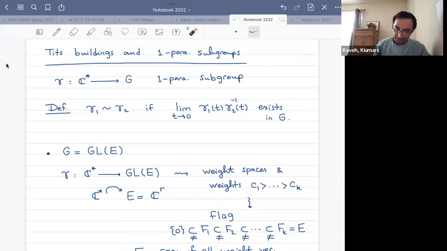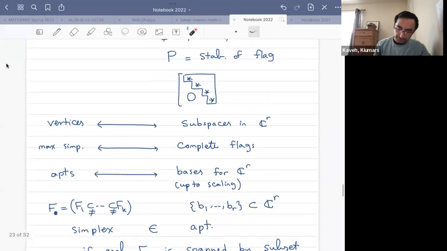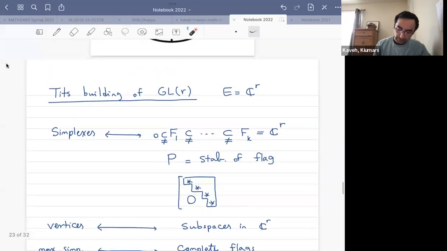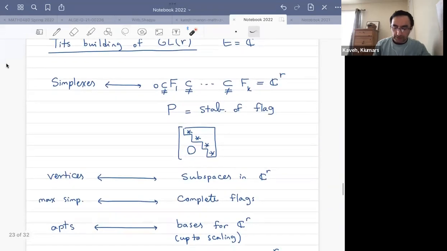On buildings, you look at 1 parameter subgroups of the group G, which just means algebraic homomorphisms from C star to G. If you think about it in terms of GLR, each homomorphism from C star to GLR is diagonalizable in some basis.